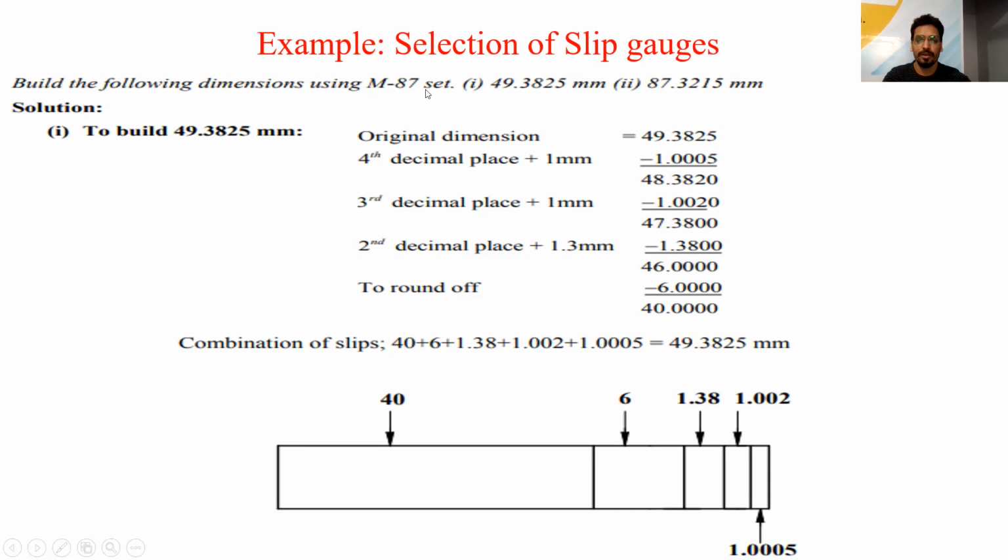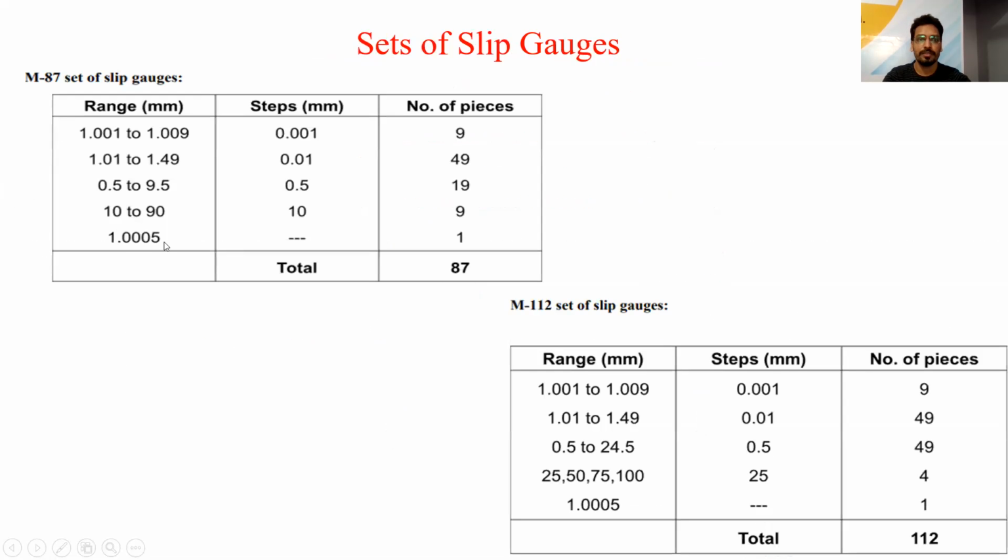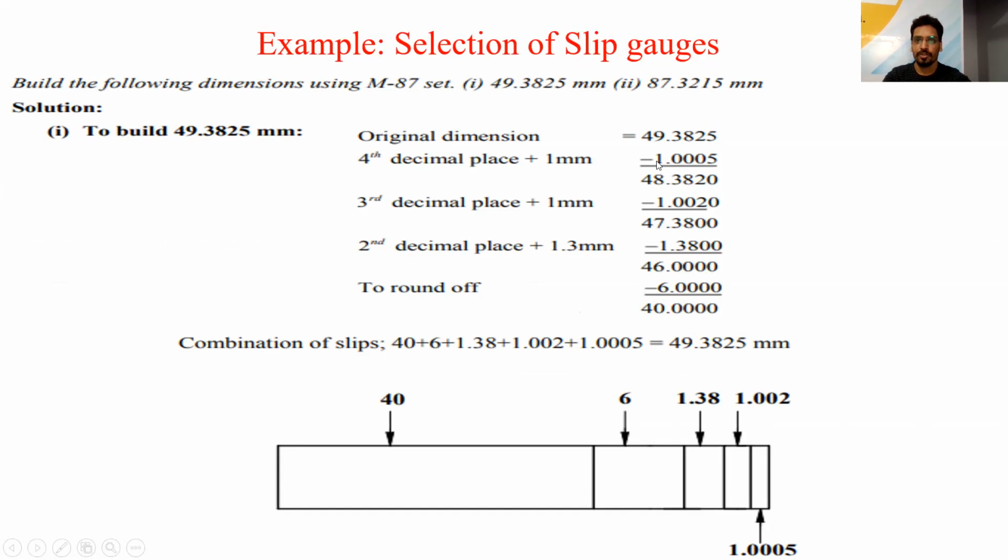I will show you in the table. So we will take this slip gauge from the M87 batch. What we have to do is subtract this 1.0005 mm from this dimension. So what dimension is remaining? 48.3820. We subtract this from this.